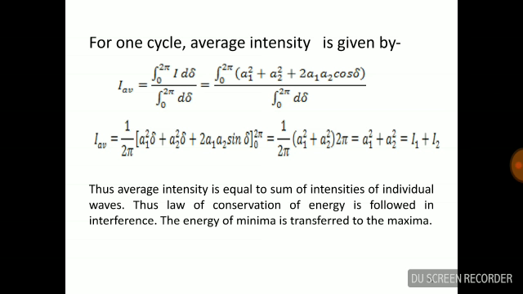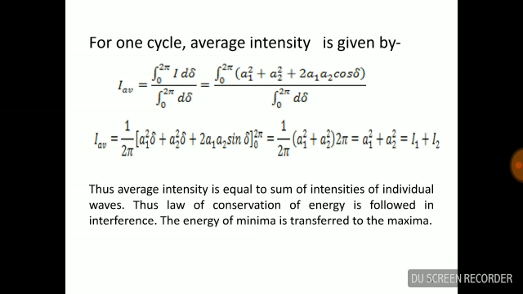So, we discuss average intensity and conservation of energy in interference. According to the expression for intensity, the variation graph can be shown as in the figure. There are alternate maxima and minima. This graph is drawn for A1 not equal to A2.